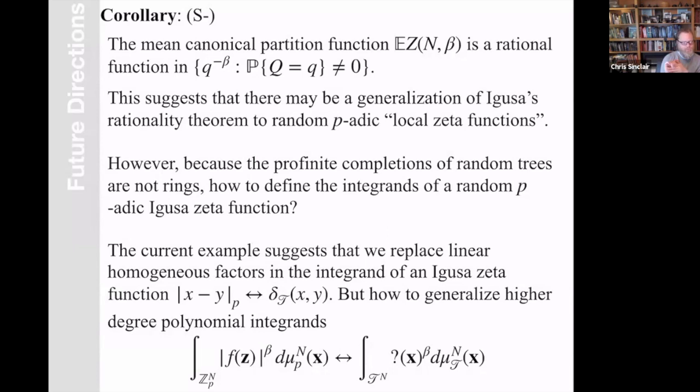So what we need to do in order to formulate what the Igusa rationality conjecture would be is to figure out, for those random trees, what is the analog of the absolute value of a polynomial, right? Because what I want to do is formulate for a random tree what an Igusa zeta function is, and then show that when I take expectation over all of these branching process trees, you actually get a rationality result in Q.